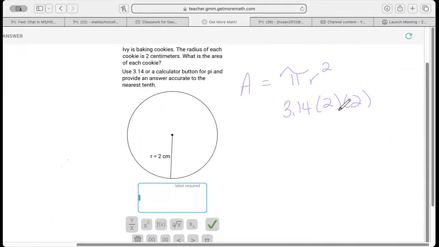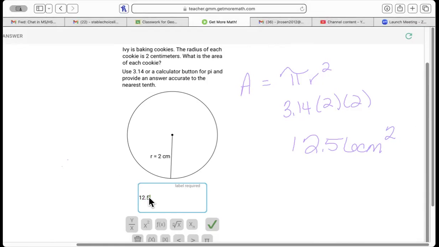And then in my calculator, 3.14 times 4 gets us 12.56 centimeters squared. So again, if we know that the area of the cookie sheet, because it usually tells you, is 20 centimeters squared, then you could quickly decide how many cookies you could make on that sheet instead of guessing.